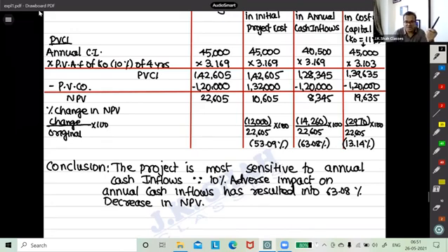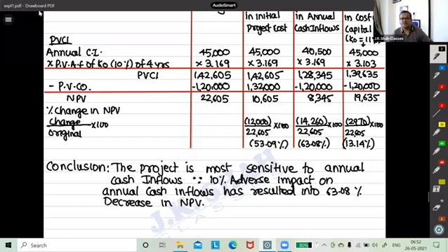Second one was certainty equivalent approach. Third one we talked about sensitivity analysis. Good going, guys. Hope you remember all this.